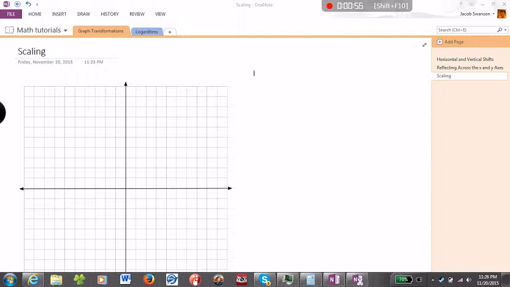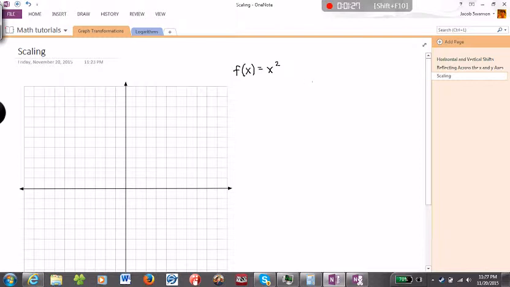Like in the previous videos, we've been just using straight lines of slope 2, but scaling is a bit more obvious when we use parabolas or parabolic type shapes and graphs. So I'm going to use arguably the most basic parabolic function, which is f of x equals x squared.